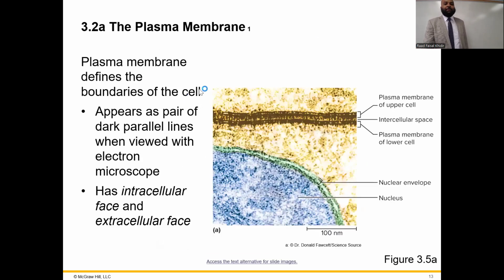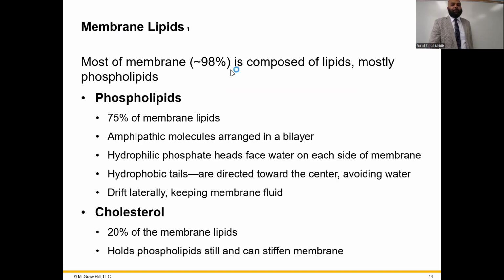Okay, the plasma membrane. We defined it as having two leaflets, and it appears as a pair of dark parallel lines, and it has an intracellular face and an extracellular face. The membrane is abundant in lipids, about 98% of the membrane is lipid.